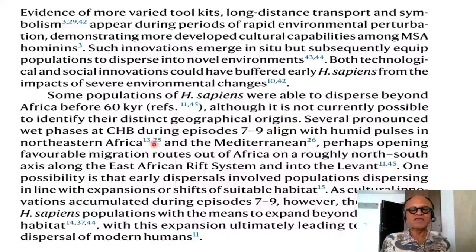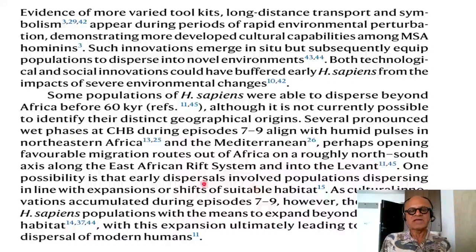Several pronounced wet phases at Chubara during the episode 7 to 9 align with the humid pulses in northeastern Africa and the Mediterranean, perhaps opening favorable migration routes out of Africa on a roughly north-south axis along the East African rift system and into the Levant.